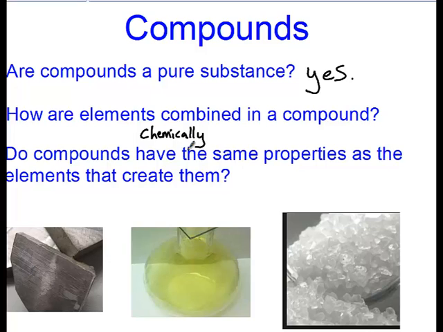Last question, do compounds have the same properties as the elements that create them? Again, the obvious answer to this should be no. Think about sodium metal. If you put sodium metal in water, it's going to react and possibly cause a fire. If you put chlorine gas anywhere near your skin, it's going to cause some severe burns.